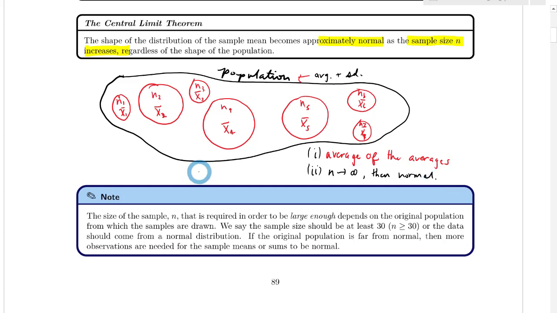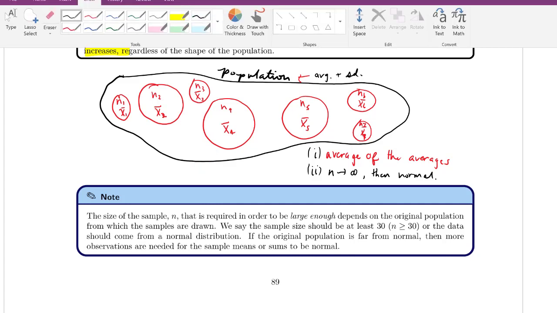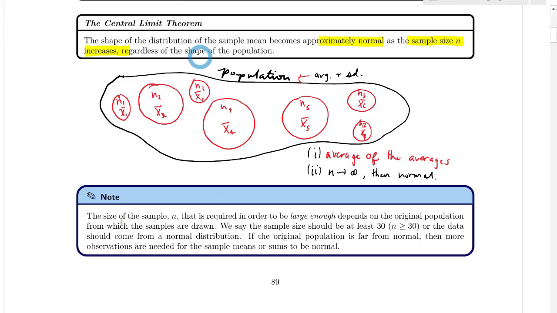So the next question is, what is large enough? What sample size should I take that's large enough? Well, we have a rule of thumb in statistics, and this comes from the law of large numbers. Large enough depends on the original population, of course. But overall, a good rule of thumb is at least 30, or you should already know that the data comes from a normal distribution.